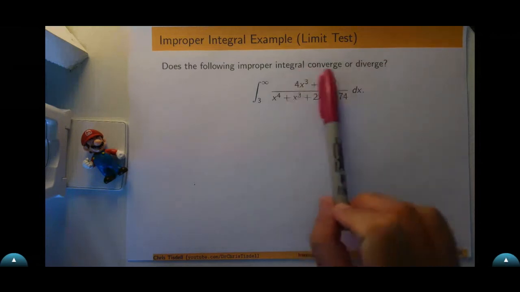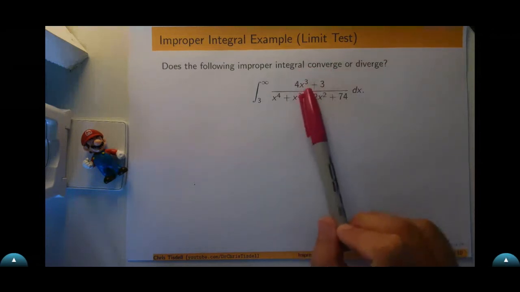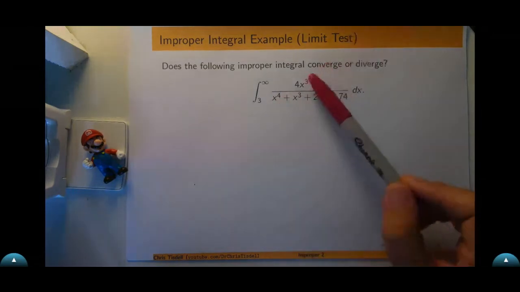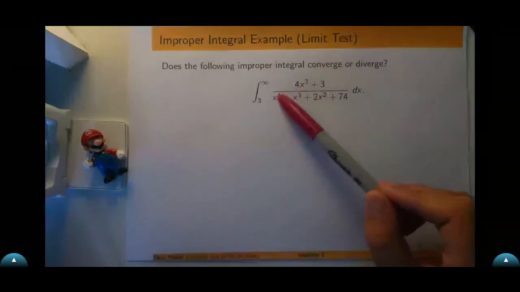So you can see here, what's the highest power in the numerator? It's power 3. And what's the highest power in the denominator? Power 4. Now, what I like to do is to look at the difference between that.